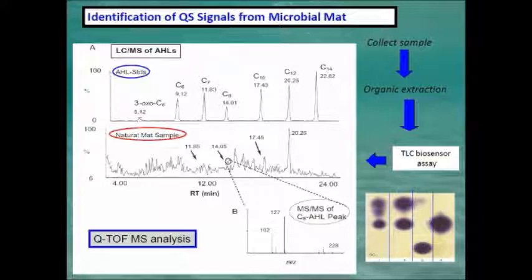If it breaks into two pieces, the acyl chain and the lactone at 102, and the acyl chain of varying length, then we have pretty good confidence that in fact this natural molecule is a signal. It's behaving exactly the way a standard signal would under those conditions.